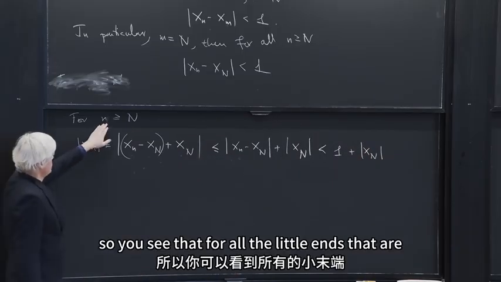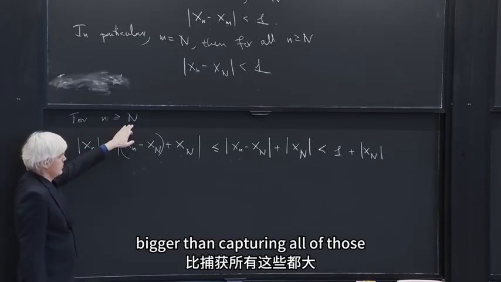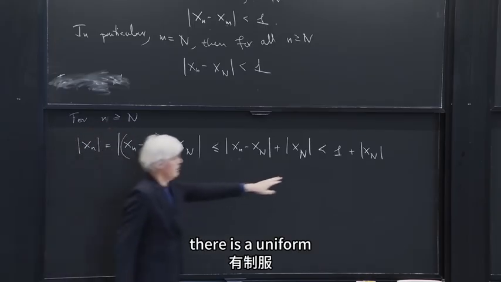So you see that for all the little n's that are bigger than capital N, there is a uniform bound.